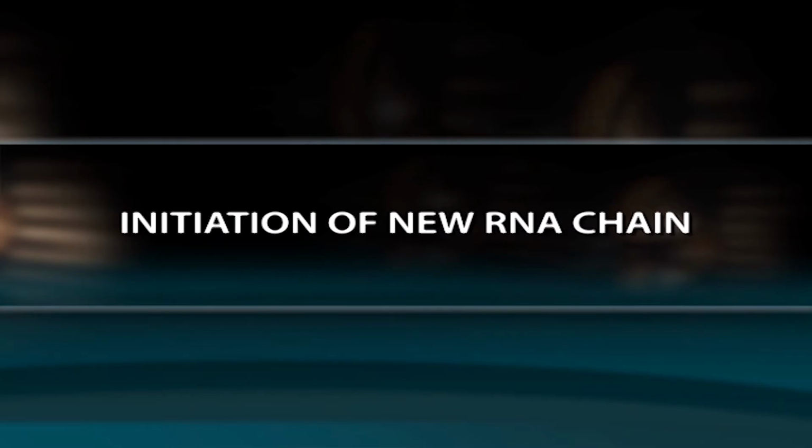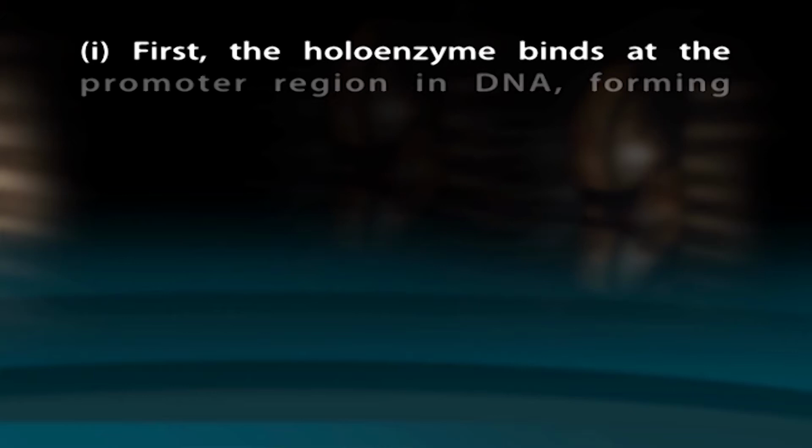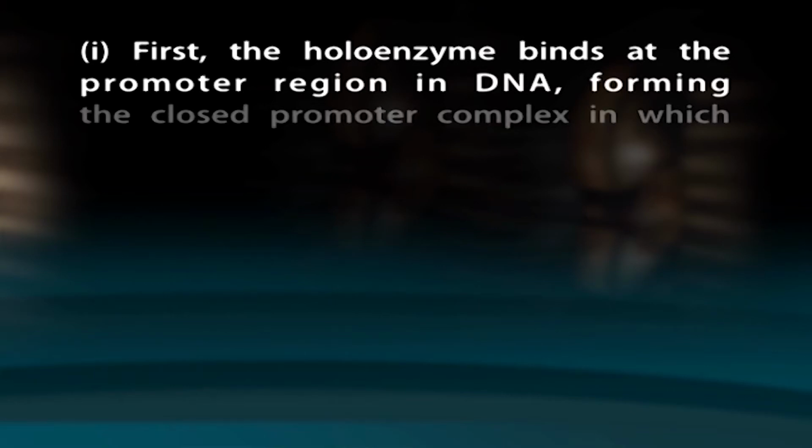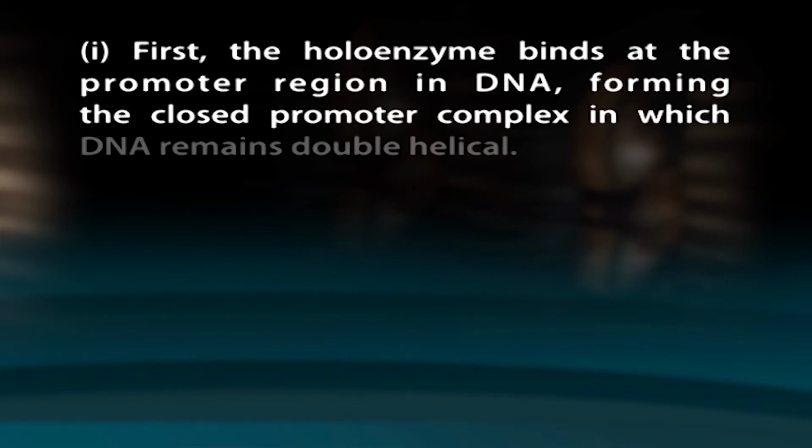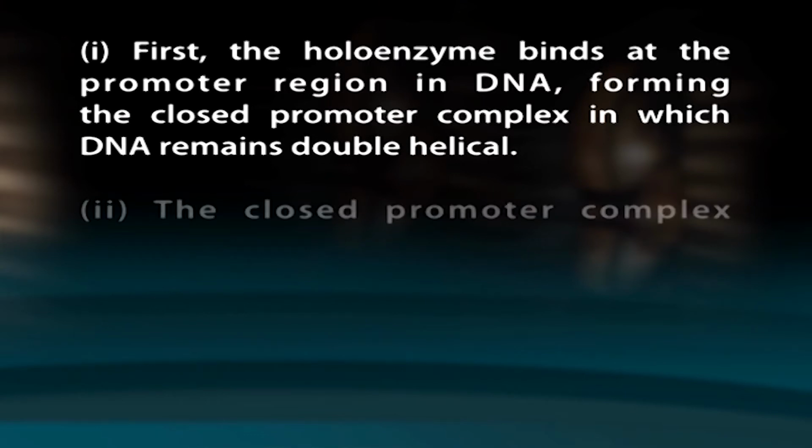Initiation of new RNA chain. The RNA synthesis or initiation of new RNA chain by RNA polymerase enzyme proceeds in 3 steps. First, the holoenzyme binds at the promoter region in DNA, forming the closed promoter complex in which DNA remains double helical.